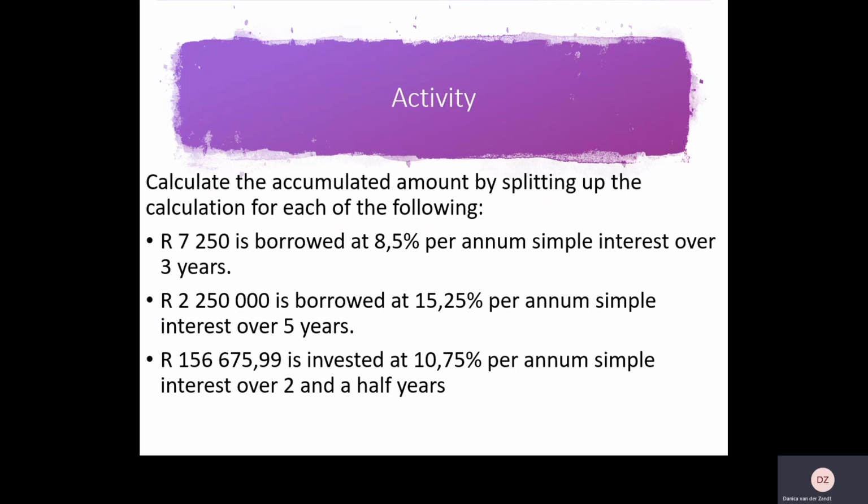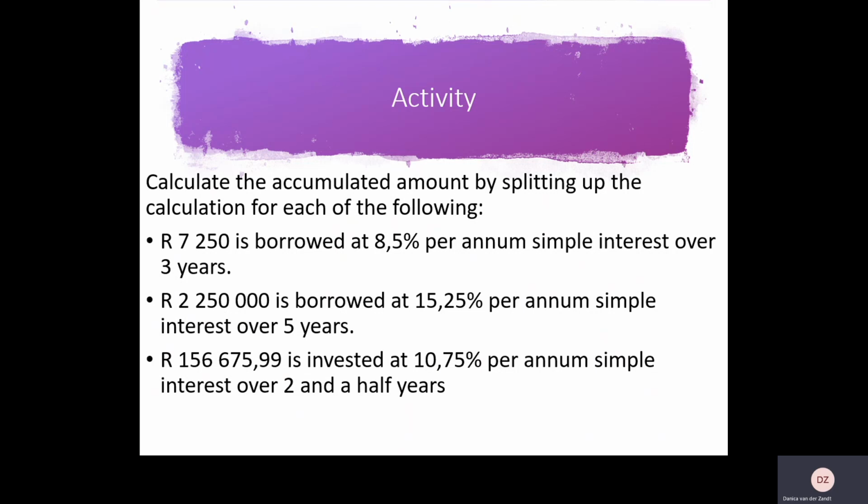And you can do year 1, year 2, year 3, year 4, year 5 in the second one. Or we can just go 8.5% times my principal, which is 7,250, times the 3 years. So when I say split, I mean calculate interest and then add it to your principal to get your answer.